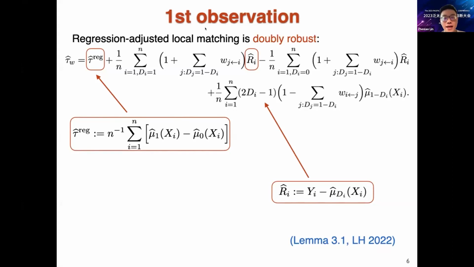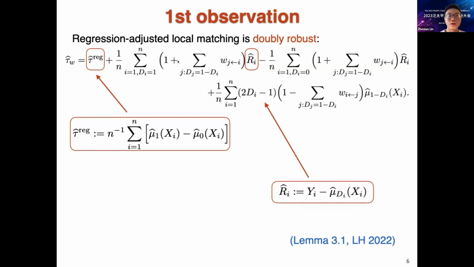And the second one is the error term, but for the typical doubly robust estimator, the coefficients of the error will be 1 over the estimated propensity score, or 1 over 1 minus the estimated propensity score. So if we want the doubly robust property, this one will automatically estimate the propensity score.